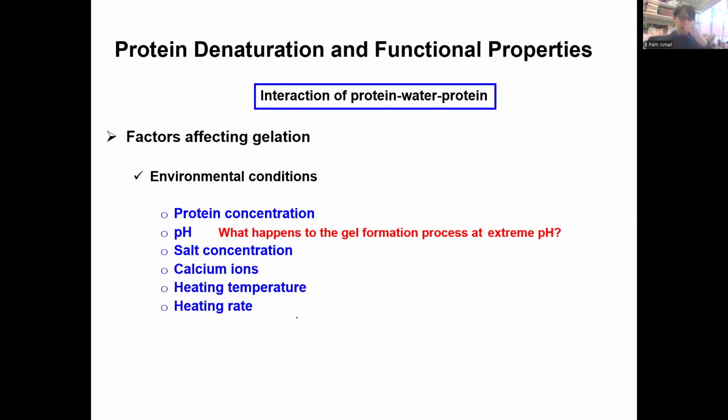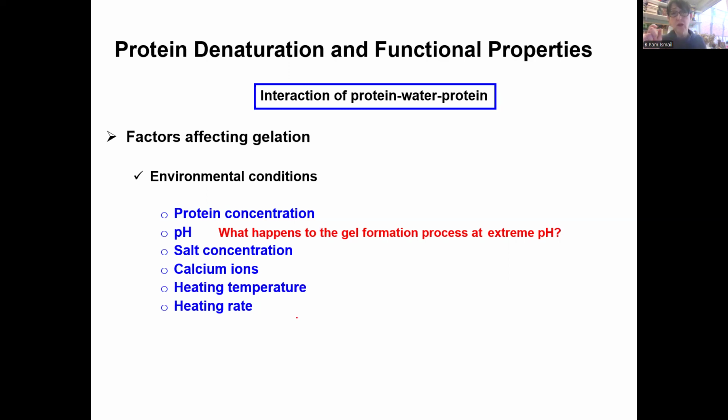Heating temperature and heating rate. We really need to heat to reach the denaturation temperature of the protein. If we heat at 70 degrees and the protein denatures at 80 or 90, then unless we increase the time, we're not really encouraging the protein-protein interaction. So we need to induce denaturation, and we need to make sure that the heating rate is not too high.